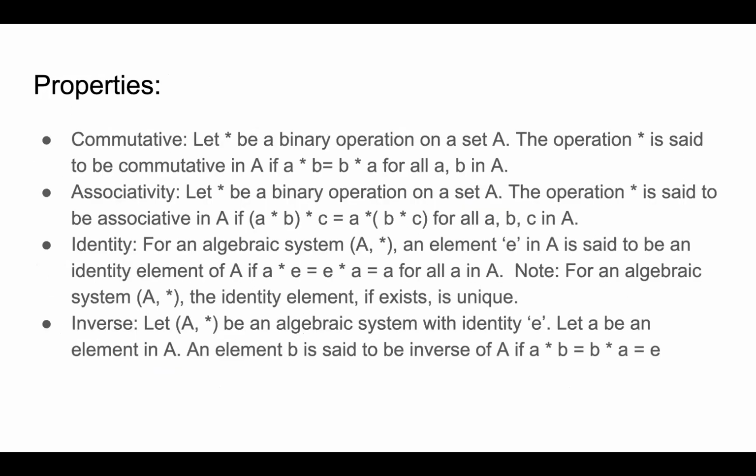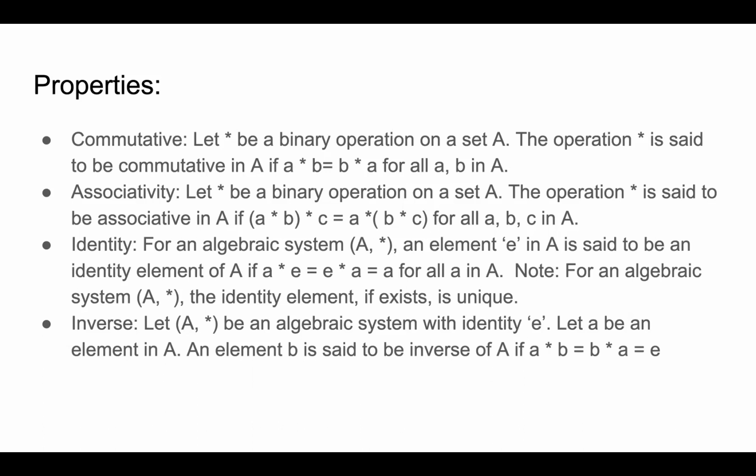What are the properties of algebraic systems? Individually also we are going to see when we see the monoids and their properties. But collectively as algebraic systems, the property they possess is commutative. Commutative means again what? Let star be a binary operation on a set A. Star will be any operation.